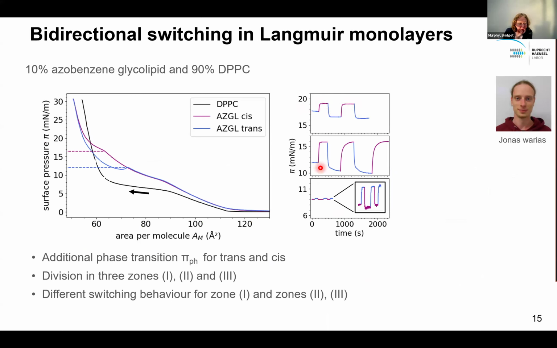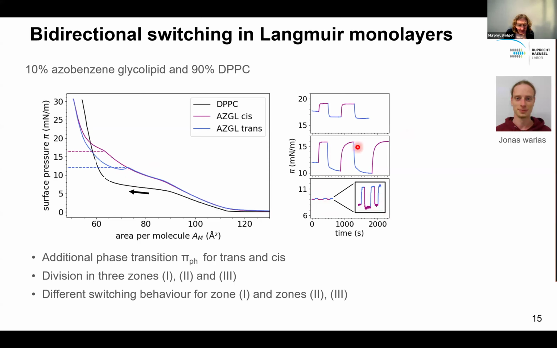If we go down to a lower pressure of about 12, we see an even stronger switching effect. And then something very interesting happens if we go even lower. We're going below this phase transition now, and we still see switching. If we look closely at the switching, you see that it's reversed. So we have a bipolar switching in this system.